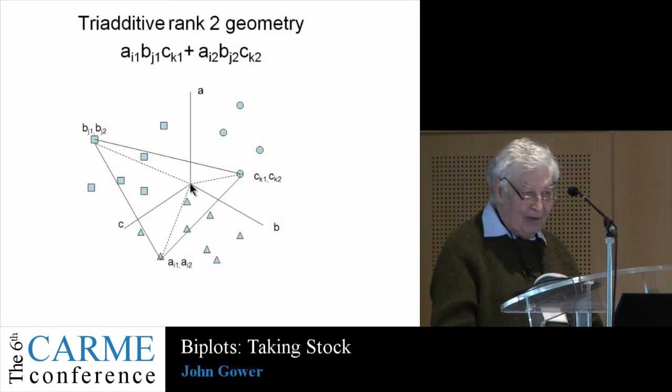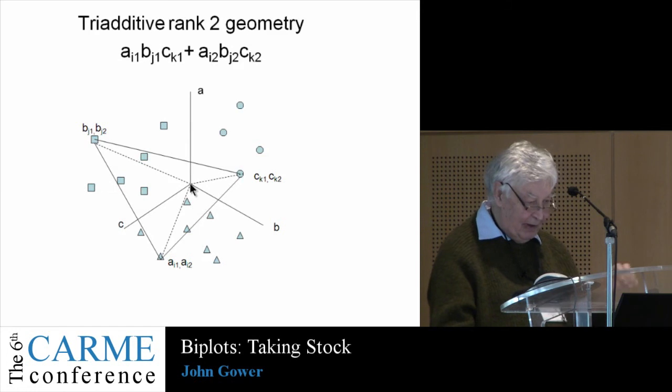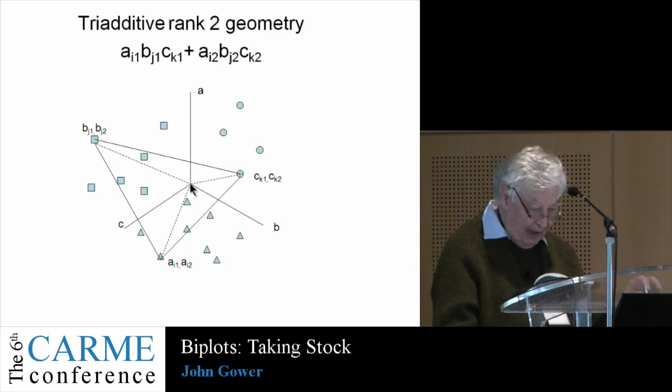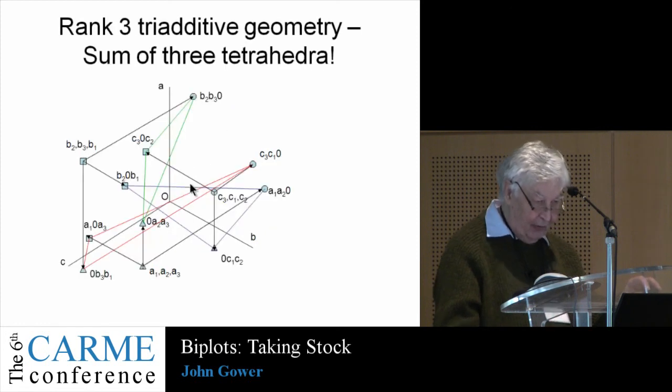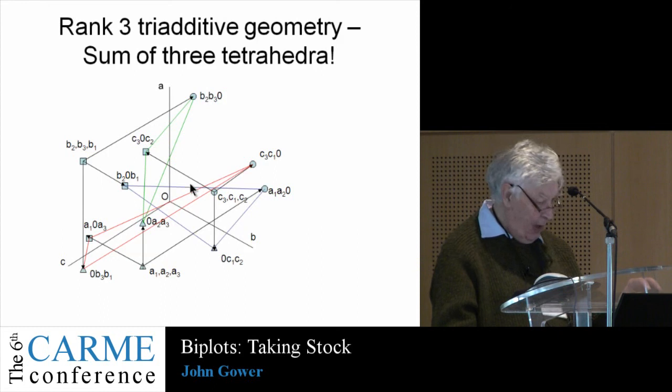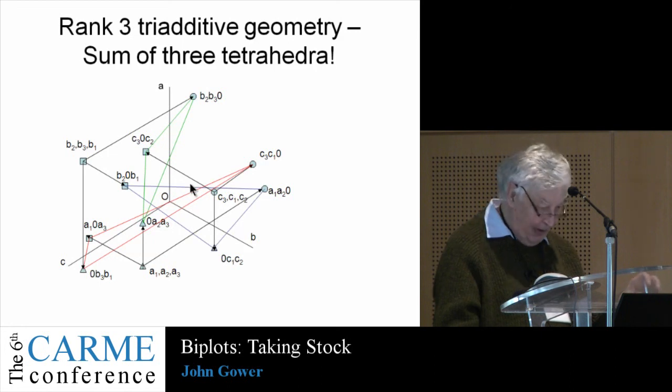It gives you some idea of what's going on and suggests how difficult it might be to get nice geometrical ways of representing content for triadditive models. But for rank 2 it shows some possibility. I will just flash this one before you. Rank 3, really horrible, and well, of course we normally look at rank 2 fits for our maps anyway.